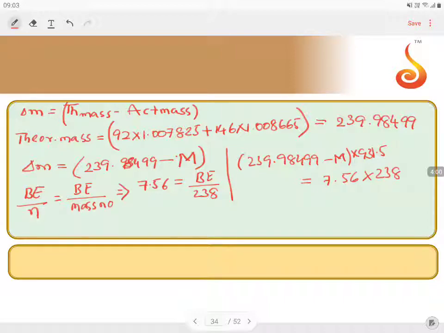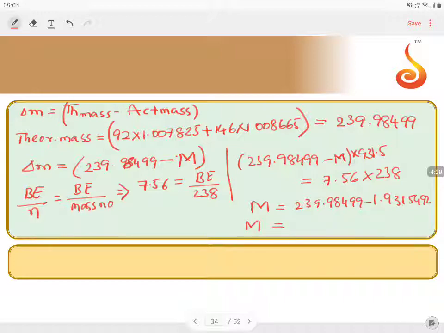So if you do this calculation, we will get the atomic mass, which will be equal to 239.98499 minus the total value, which comes to be 1.9315492. Approximately two or three digits also we can take, not an issue, you can just get an approximate value.